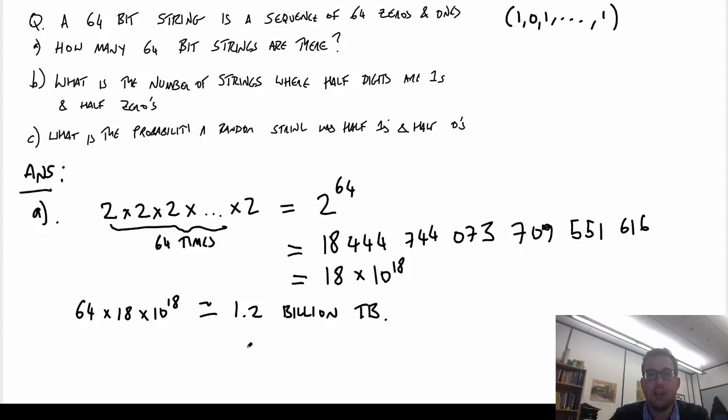So I'd need about 1.2 billion 1 terabyte hard drives to store all of the 64-bit strings. It gives you an idea of how massive things can get, particularly when it comes to coding and computers and things like this.